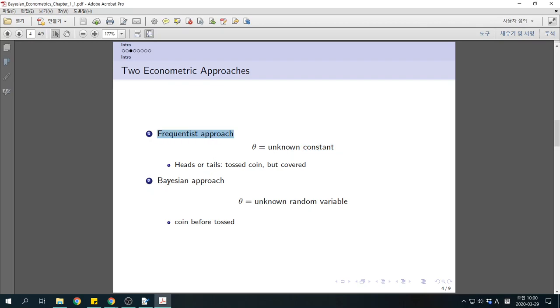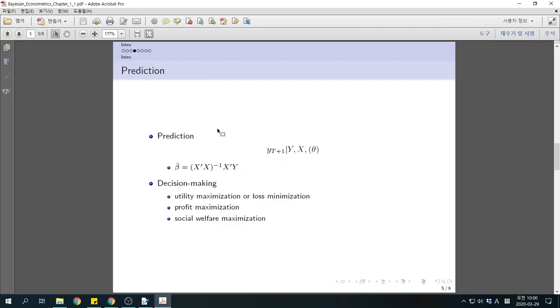In the Bayesian approach, the theta is estimated, and its estimate is given in terms of a histogram or mean and variance. Okay, let's take a very quick break.